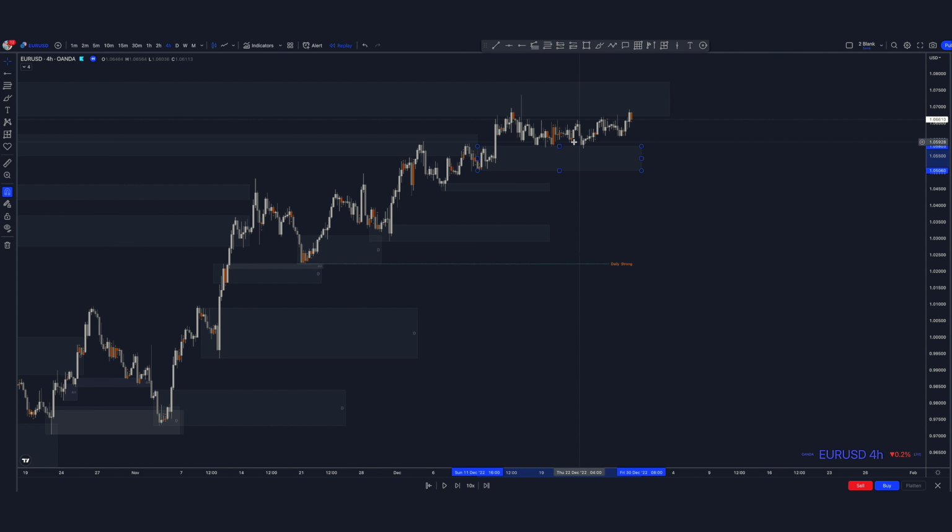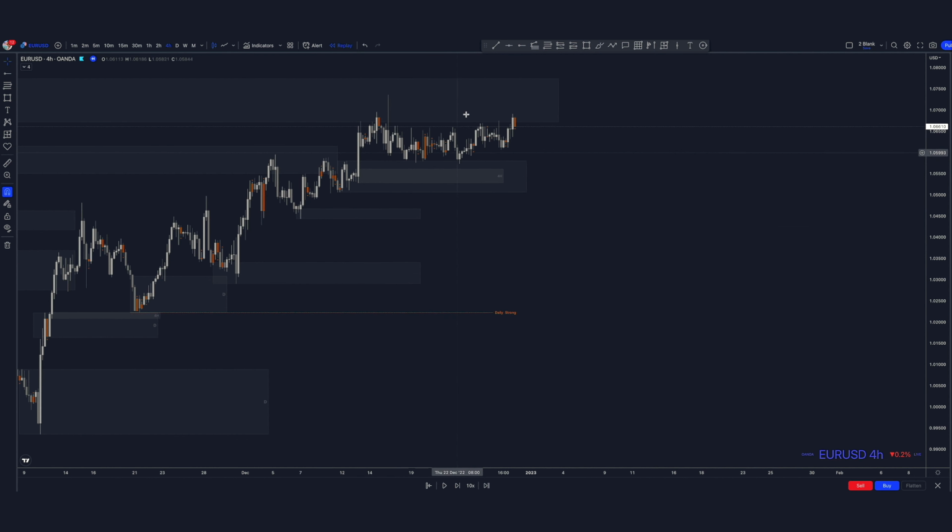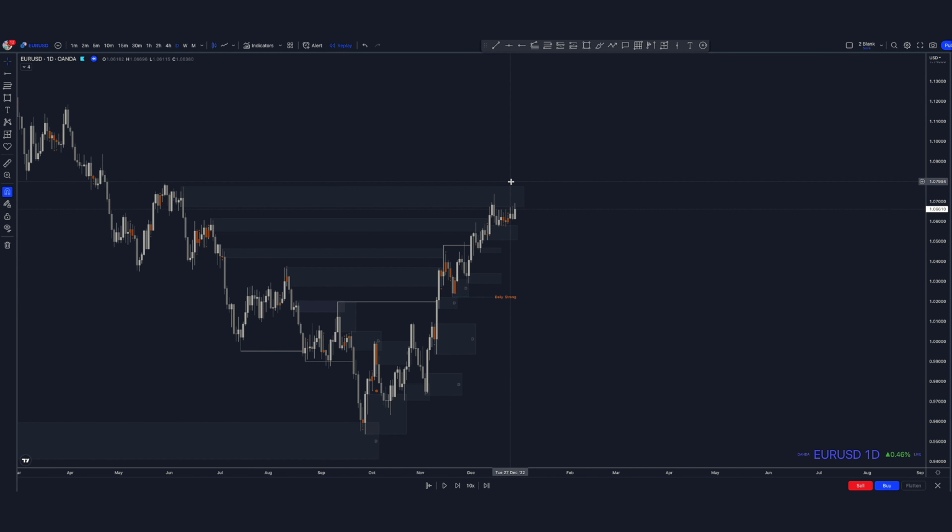So we still have this whole daily demand here that we just marked, and we have this 4 hour demand right here. Let me mark this as the 4 hour demand. I wouldn't do anything here because it's not doing anything. It's kind of stuck. Let me see what happens there.